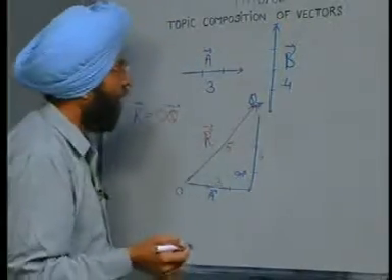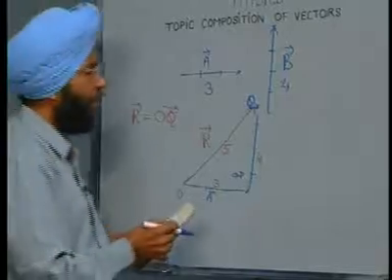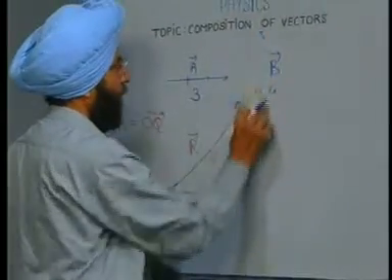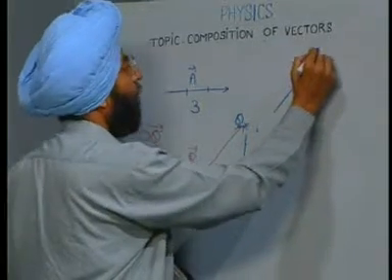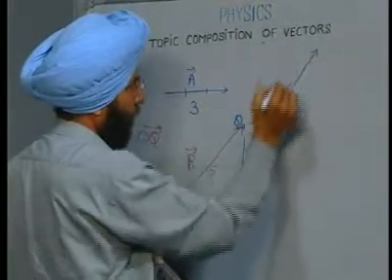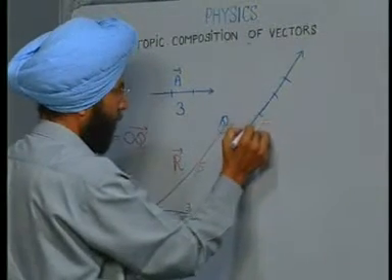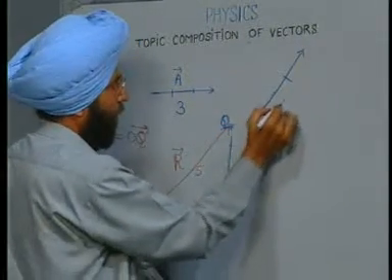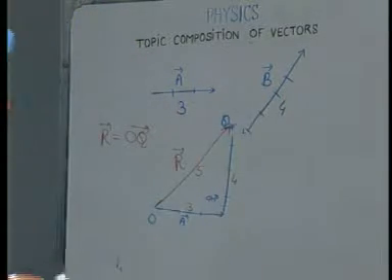Now, if A and B do not make 90-degree angle with each other, in that case even Pythagoras will not help us so easily. We have B with magnitude, let us say 4 units.